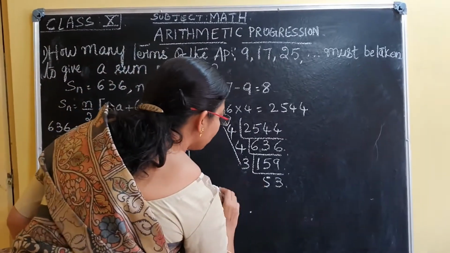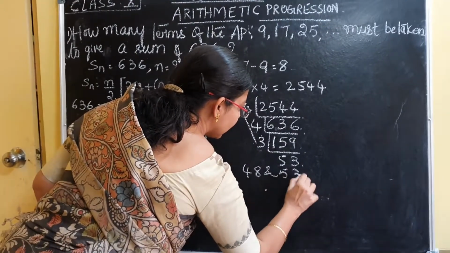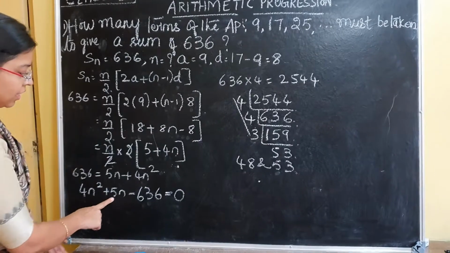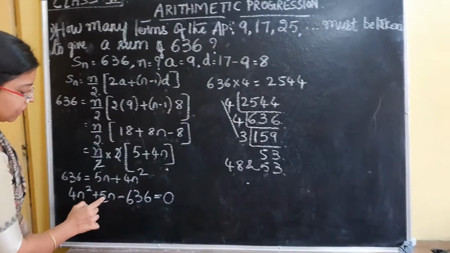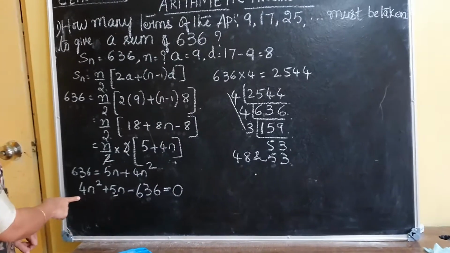So if you take the two numbers 48 and 53, 53 minus 48 you will get 5. Here you will get the 5, the middle term value, and if you multiply you will get the product 636 into 4.